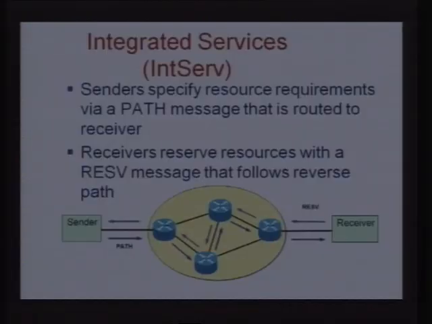The IntServ model uses 2 different mechanisms. It uses a path message to reserve the resources from the source to the destination, and the RESV message which is used by the receiver to ensure the reservation.